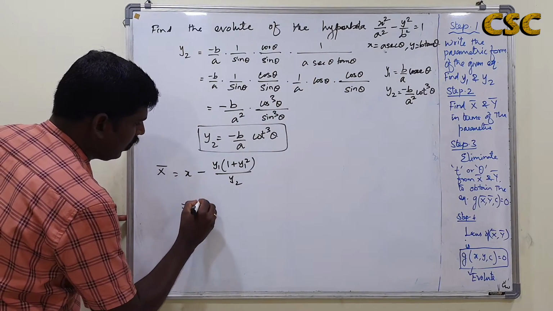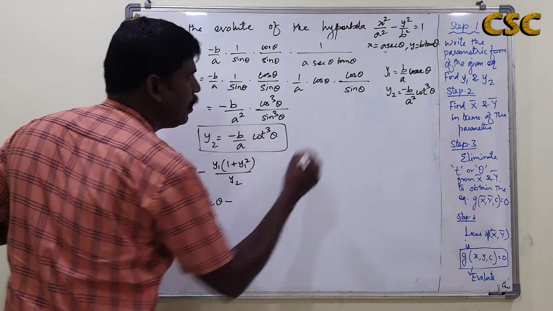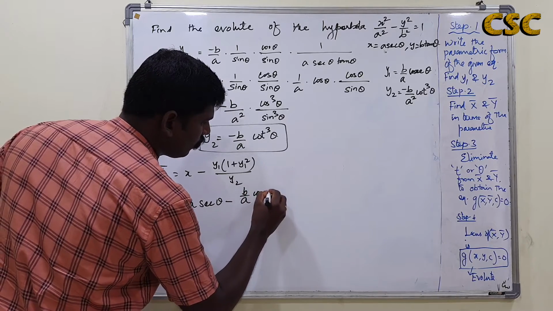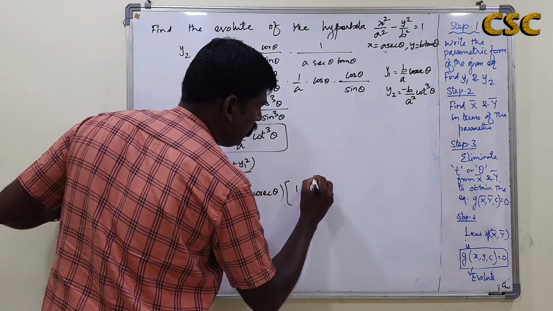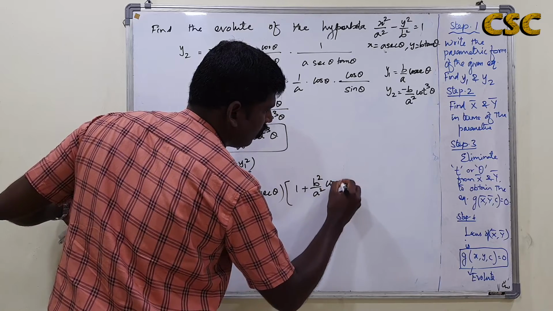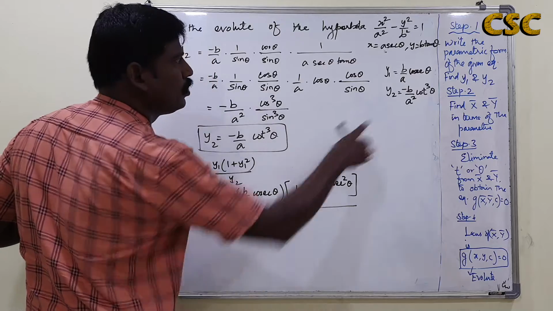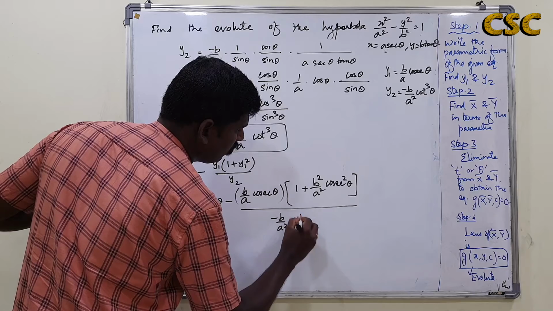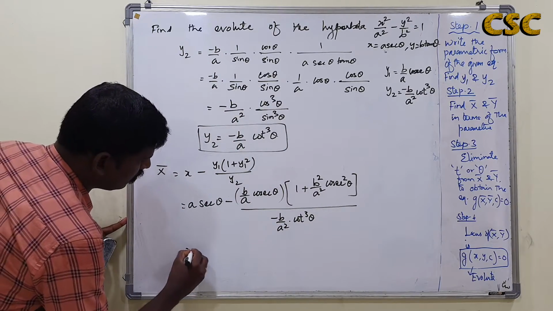So x is a secant theta minus, what is y1? I write it here, b by a cosecant theta into 1 plus y1 square, the square of the y1 value, so b square by a square cosecant square theta, by y2. What is y2? Minus b by a square into cot cube theta, isn't it? How can we simplify this?